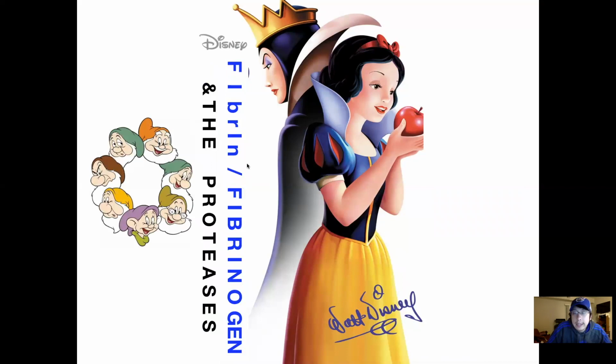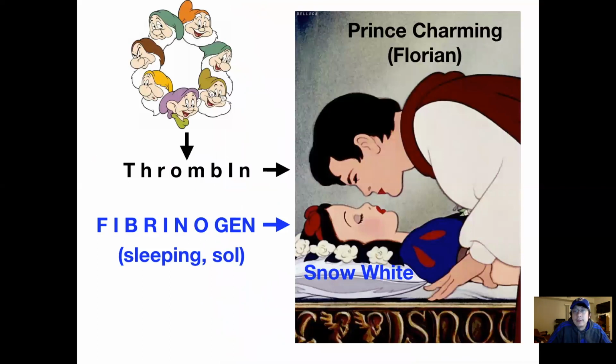Once upon a time, there was fibrin, or fibrinogen, who was put to sleep and needed to be woken up by a series of proteases. One of these proteases was really important. His name, or her, I really don't care, was Prince Charming, or Prince Florian.